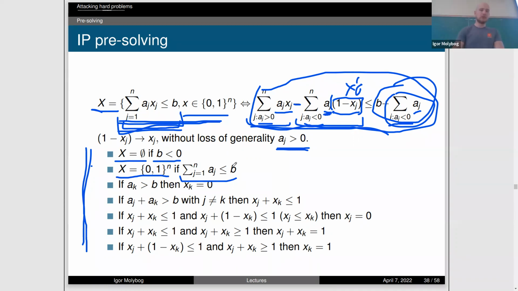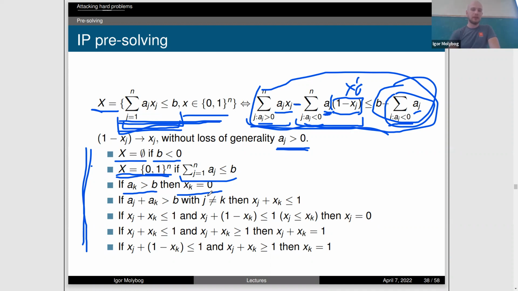It doesn't make sense to include this inequality at all, and it is a redundant inequality, and we have x being equal to all of the binary numbers. If one coefficient ak is greater than b, then obviously xk must be equal to 0.